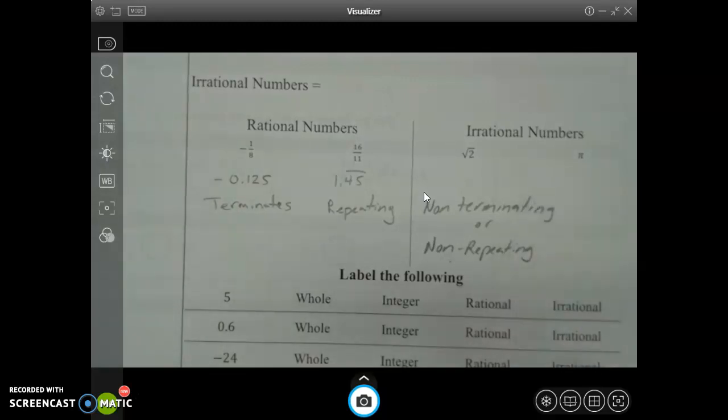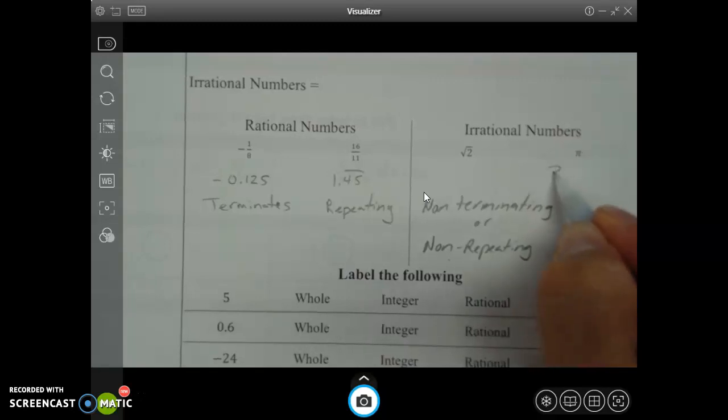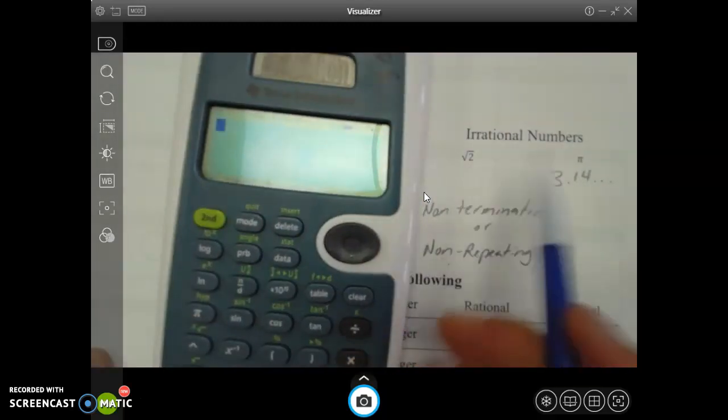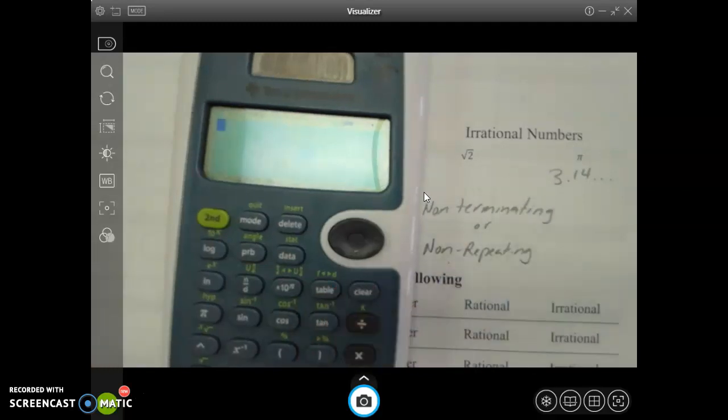So I think we all know that pi is 3.14... and we know that pi never ends. But also something like the square root of 2 never really ends.